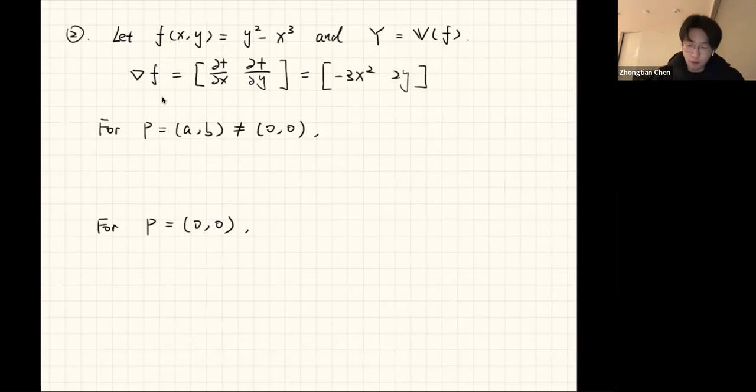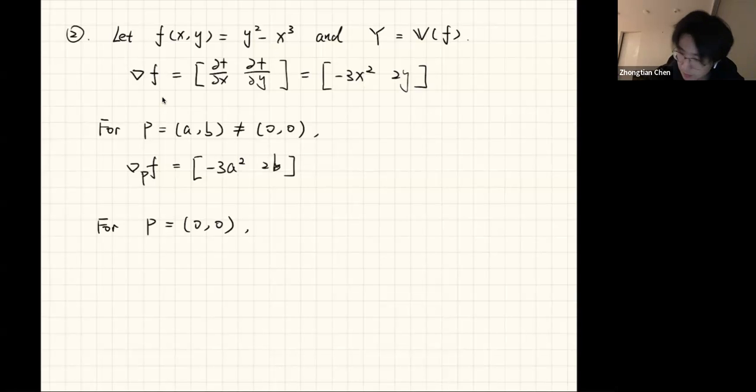For any point away from the origin, the Jacobian is not equal to the 0 matrix.